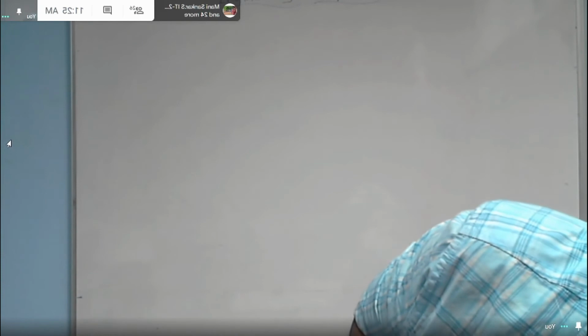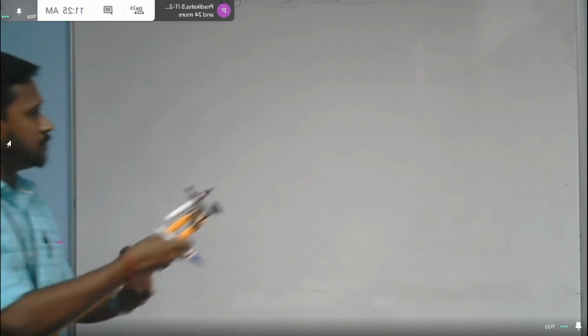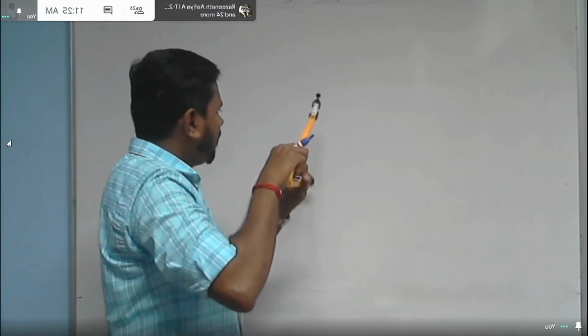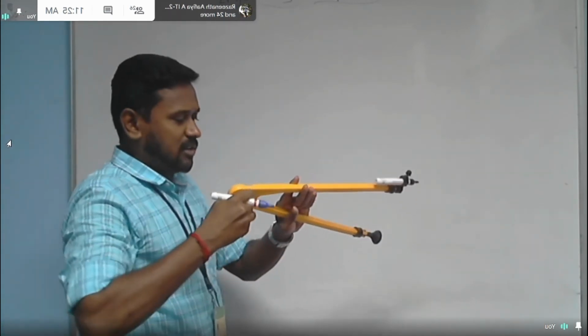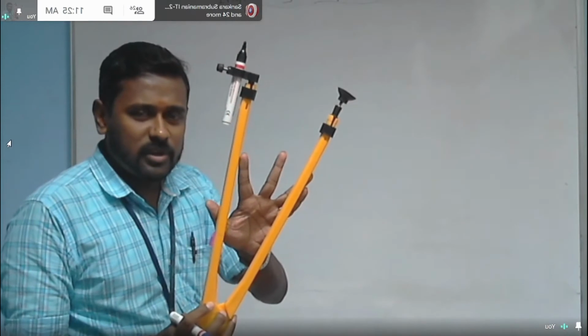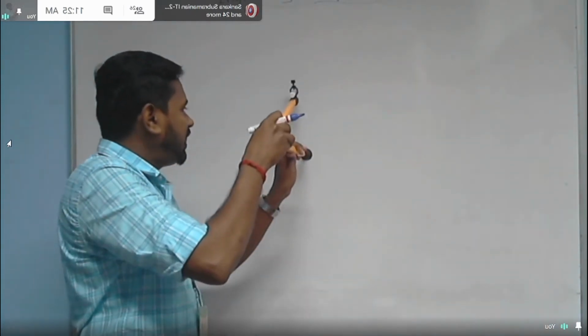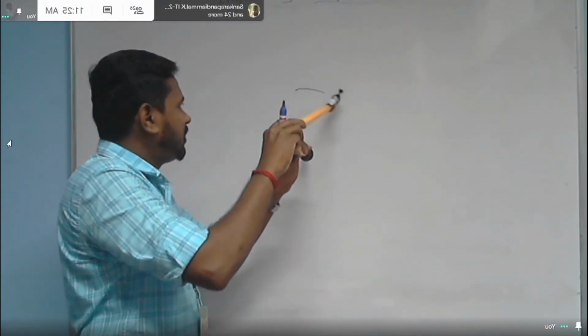So for that I can use the exact tools. Assuming I have the radius in this compass equal to the side of the hexagon, I draw the circle.